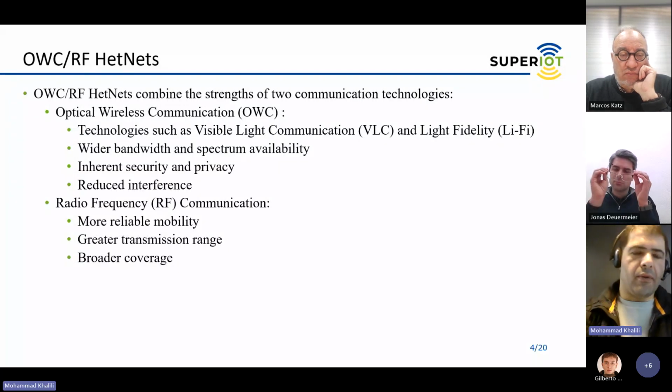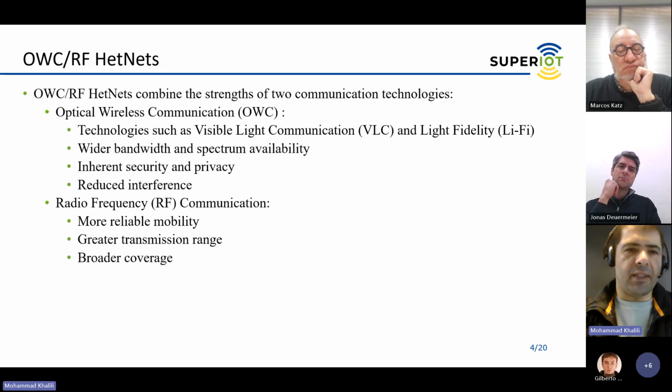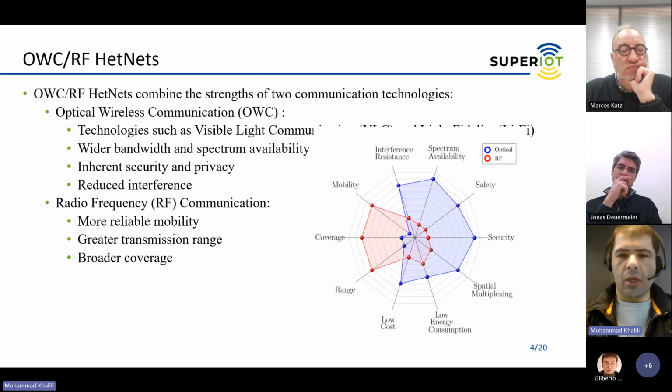But optical wireless communication has its disadvantage about mobility and transmission range. It has a very short transmission range, and coverage in optical wireless communication is very short.